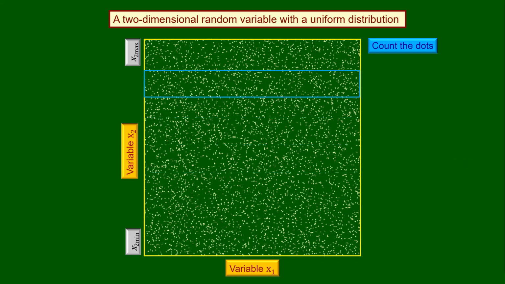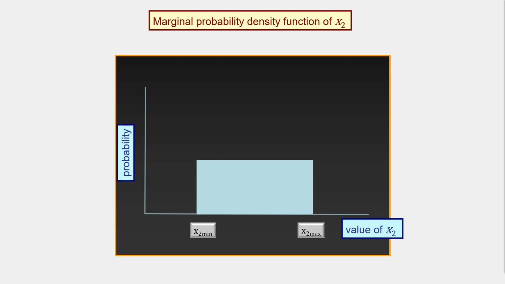So I can then conclude that x2, like x1, has a uniform probability density function. There's as much of a chance of it having this value as this value, as long as those values are between x2 min and x2 max, but there's no chance of x2 having a value above x2 max, and no chance of it having a value below x2 min. Once again, the area under the probability density function is 1.